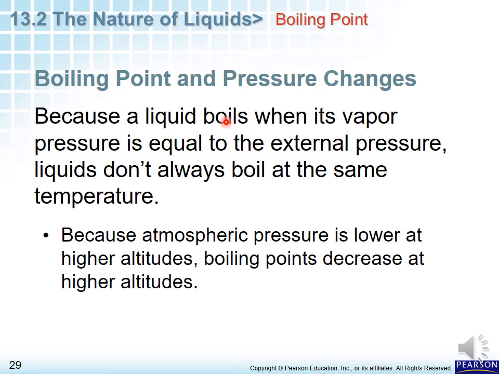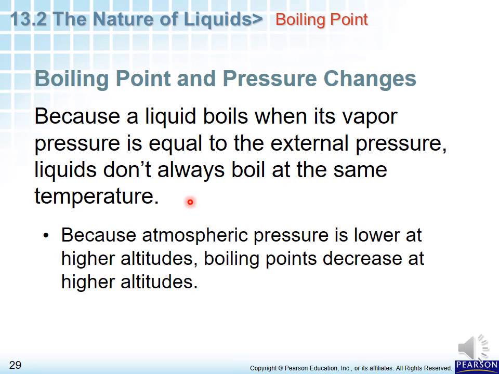Because a liquid boils when its vapor pressure is equal to the external pressure, liquids don't always boil at the same temperature. What does this mean? What is the boiling point temperature of water? You know this one, 100 degrees Celsius.